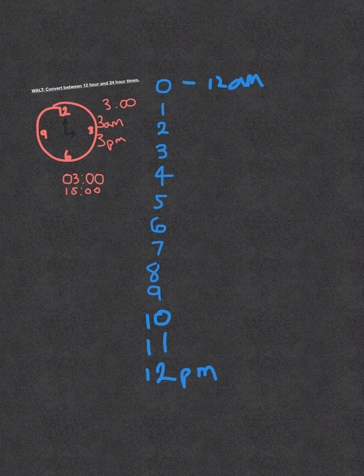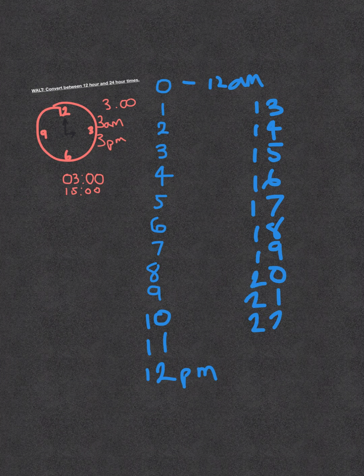So it went from 12 to 13, and then to 14, 15, 16, 17, 18, 19, 20, 21, 22, 23. Now, the last number does not go to 24. Unfortunately, in the 24-hour cycle, we don't ever actually get to 24 o'clock.